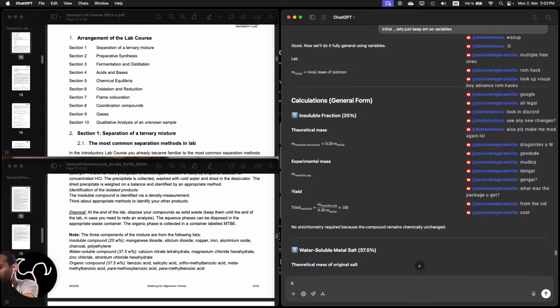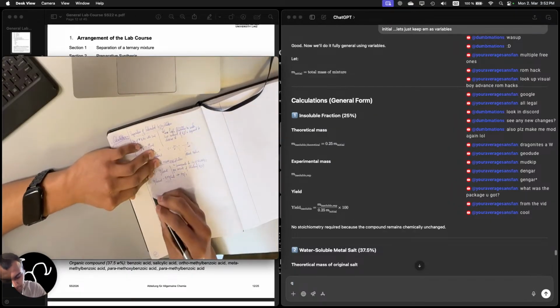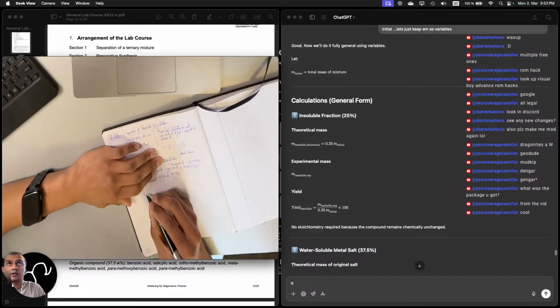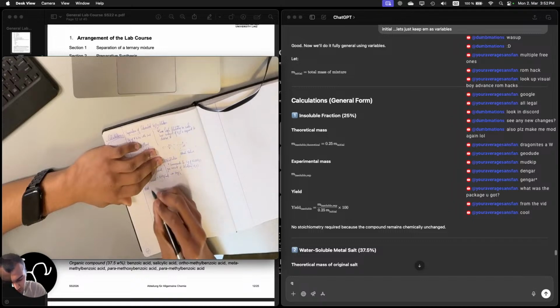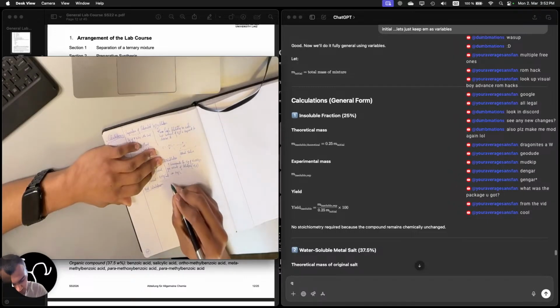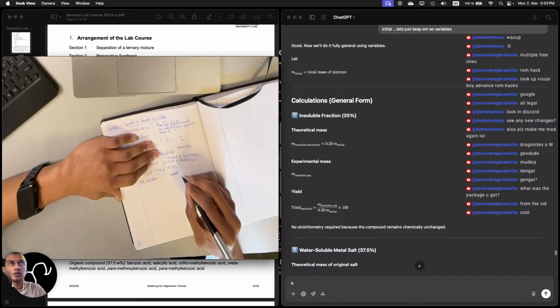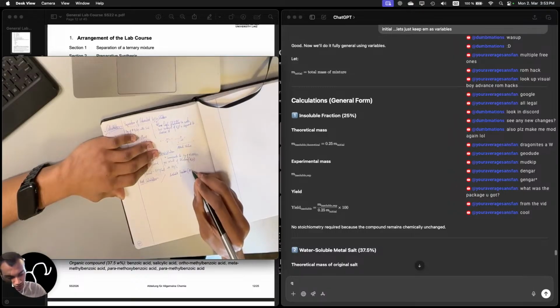Dude, this yield calculations. Insoluble fraction 25 weight percentage.